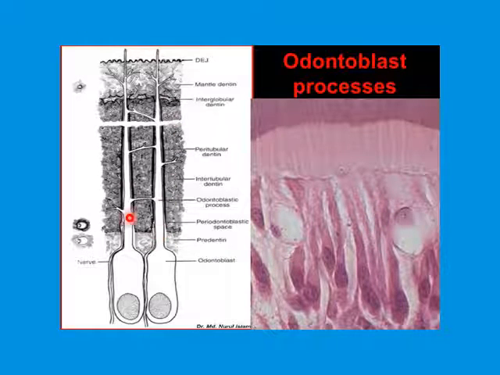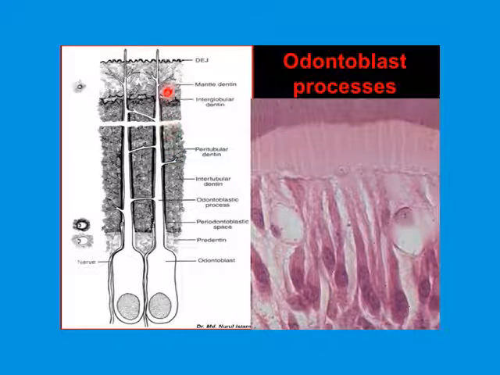This diagram shows the odontoblast body, and this is the nucleus toward the pulp. This body is present on the peripheral side of the pulp, and this is the beginning of the secretion of the predentin, which is lighter here. This type is the circumpulpal dentin, and this type is the mantle dentin.